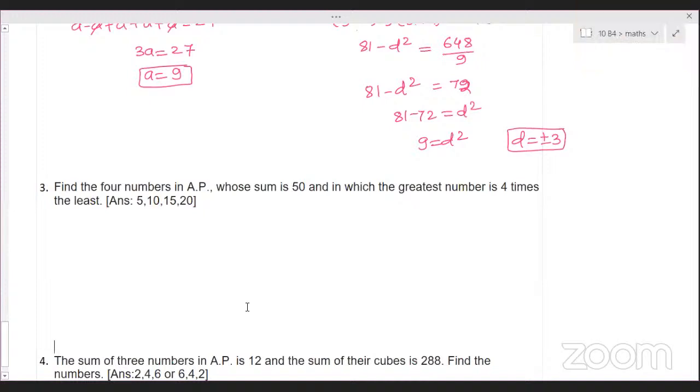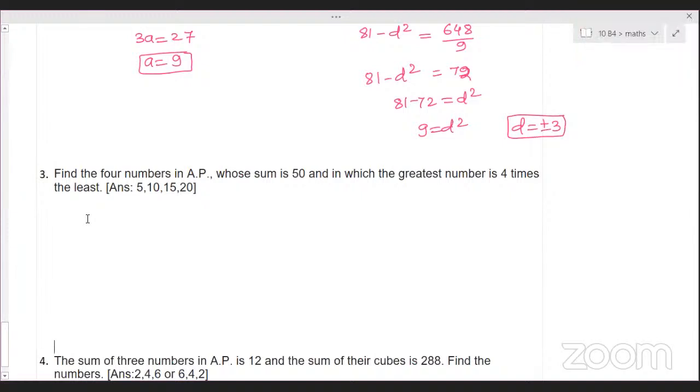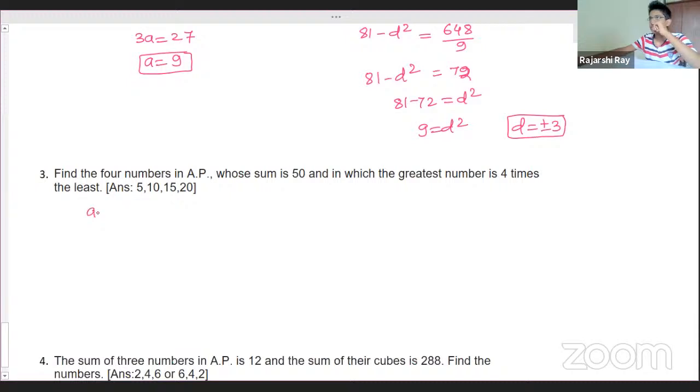Find the four numbers in AP whose sum is 50, in which the greatest number is 4 times the least. Rajeshi, can you tell? Only tell the steps, just the equations. Tell what information they have given. Four numbers in AP.